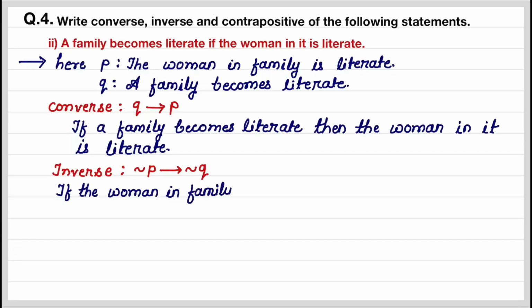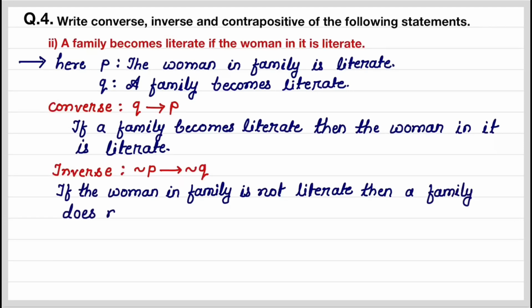And family becomes literate, its negation is family does not become literate. So inverse: if the woman in the family is not literate, then the family does not become literate.